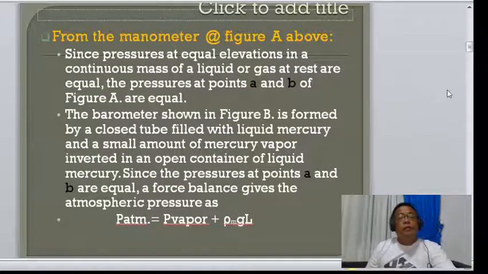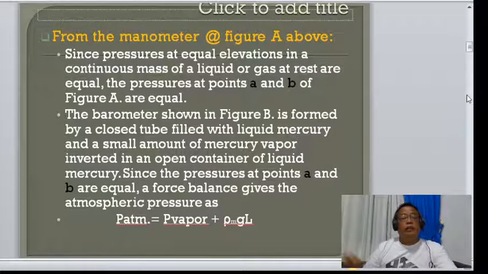The barometer shown also in figure B is formed by a closed tube filled with liquid mercury and a small amount of mercury vapor, inverted in an open container of liquid mercury. Since the pressures at points A and B are also equal, a force balance gives the atmospheric pressure.